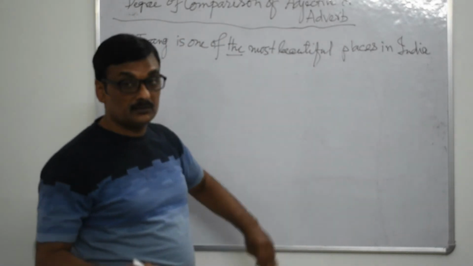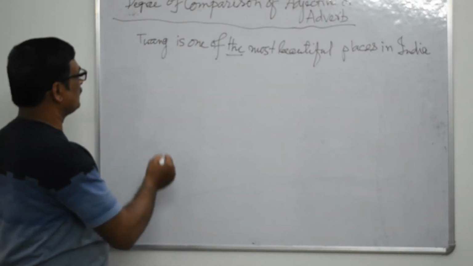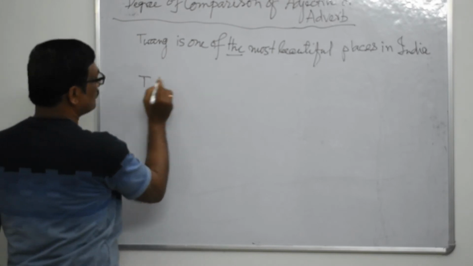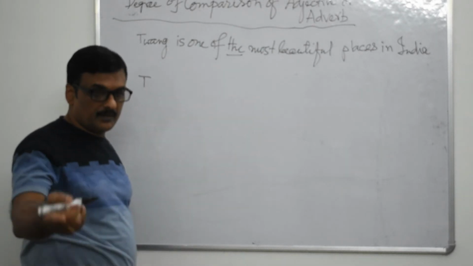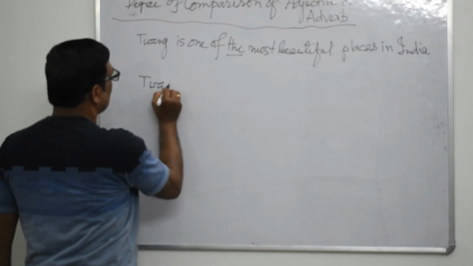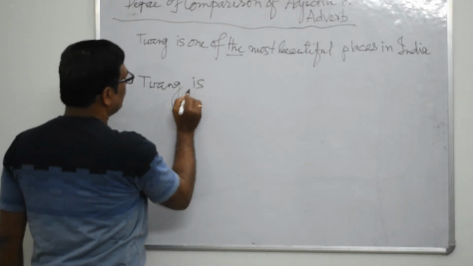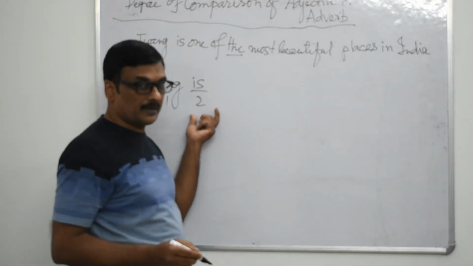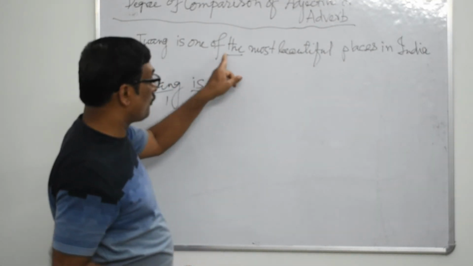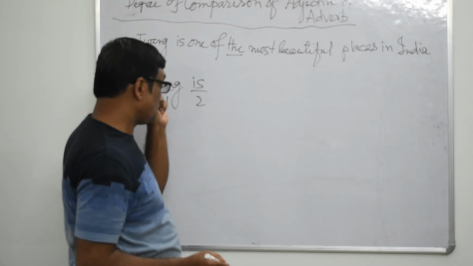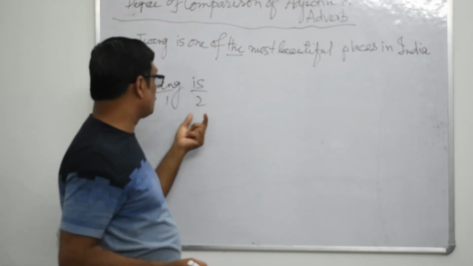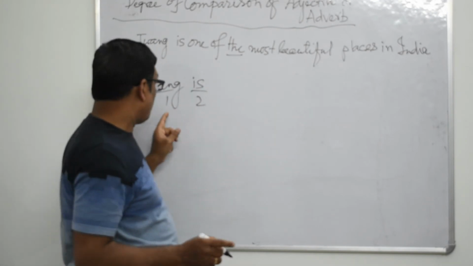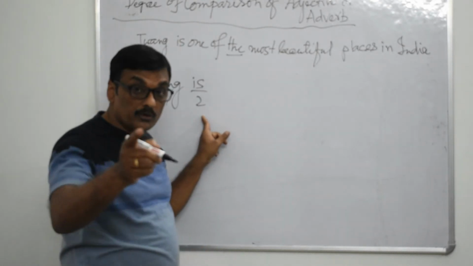Now we will convert it into comparative with little subtle changes. Next, the subject of superlative degree remains the same in comparative degree, so it will remain Tawang. Then the helping verb, number 1, number 2. The helping verb will remain the same. Next comes one of the most beautiful. Most beautiful is used, but in comparative degree, after the subject and helping verb, more is used.